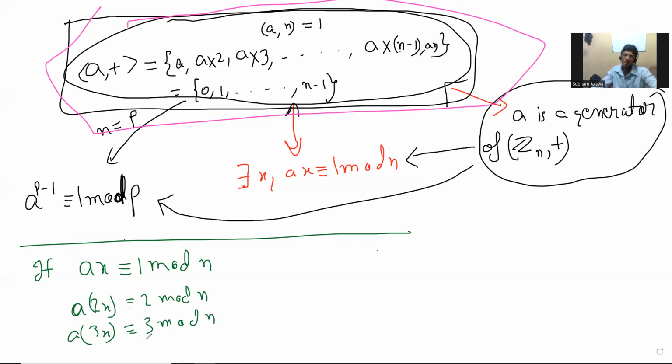And then you can see that you get all the remainders. And one doesn't have to worry about these X's too much, because if they go outside n, you can pull it back in. It won't change the remainder. You can just take the remainder of that. But you do get every remainder by taking multiples of A.